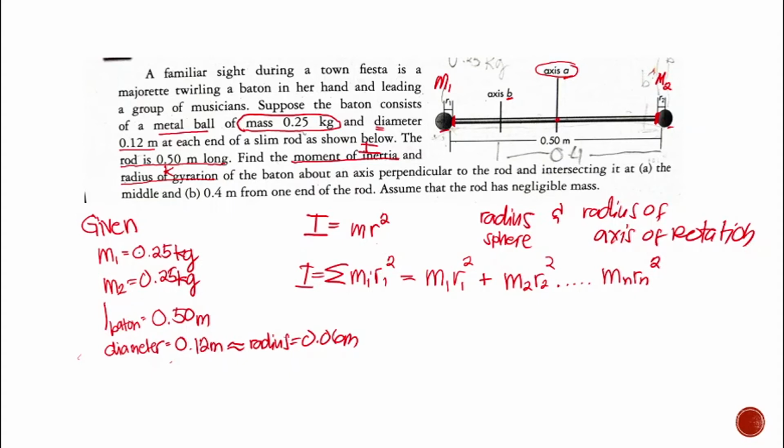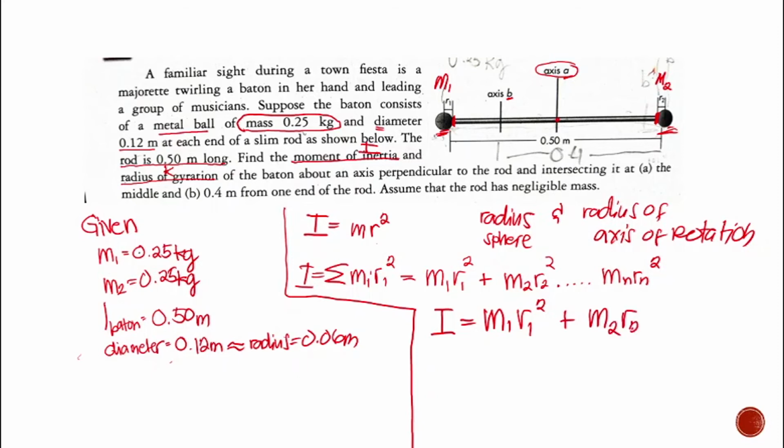So depende sa number of masses from the problem. So sa problem na ito, since dalawa yung object natin in this particular situation, ito at ito. So yung formula for this problem, since dalawa yung spherical ball, that is m1 r1 square plus m2 r2 square. Ito yung gagamitin natin na formula.